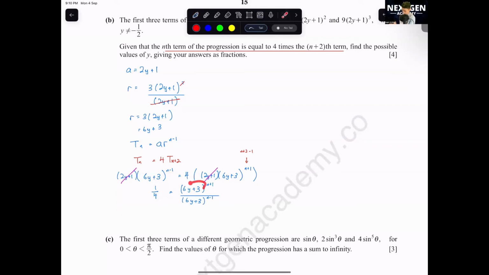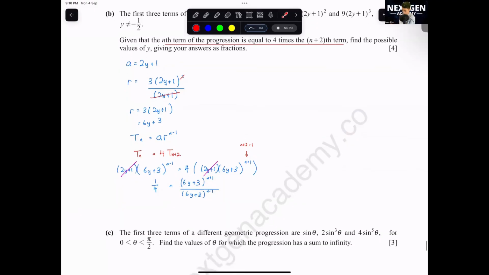Both of these are the same terms. I can divide the power together by minusing it. This is basically indices. So you will get like that. 1 over 4 equals to 6y plus 3 power n plus 1 minus n plus 1. Or if you're not sure what I am doing here, minus bracket n minus 1.